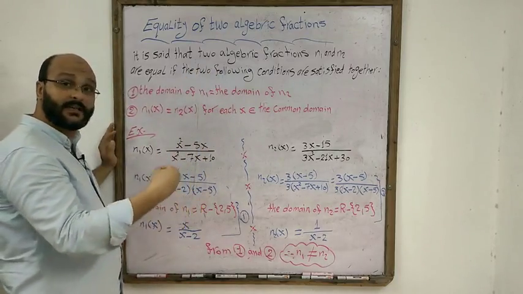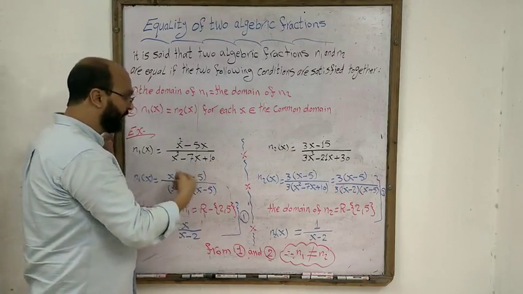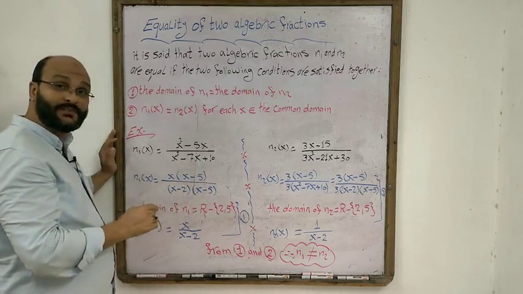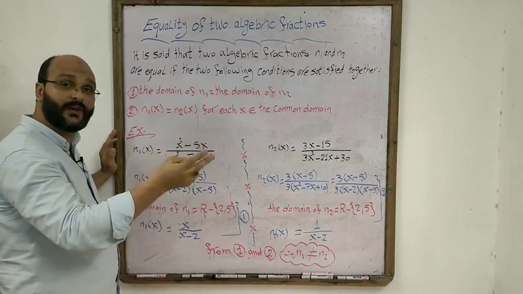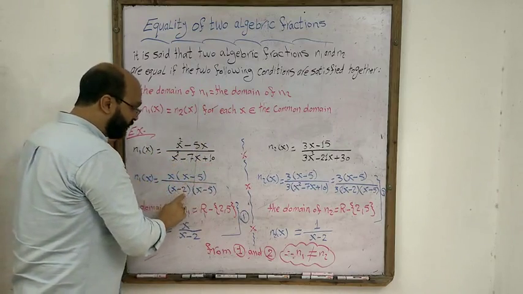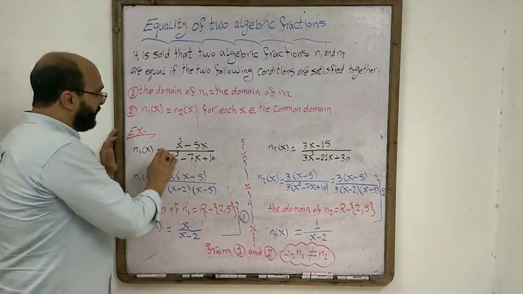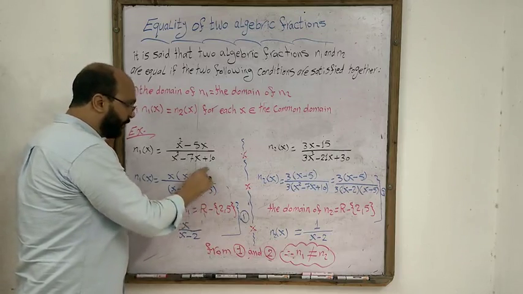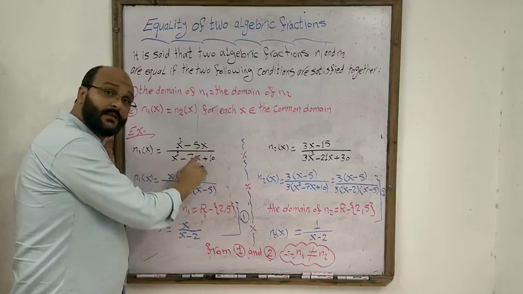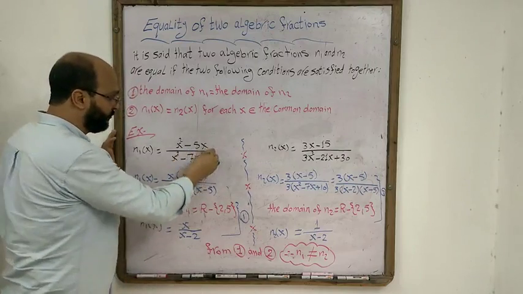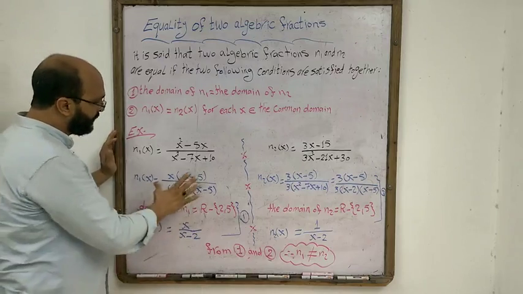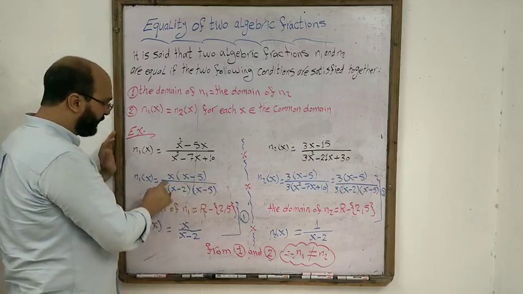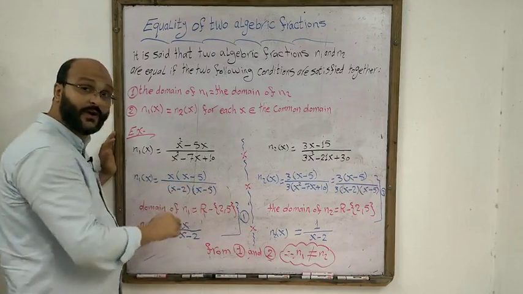We need the sum to equal 7: 1 plus 10 equals 11 and 2 plus 5 equals 7. So we take 2 and 5. Here we have x, open brackets, x minus 5, over x minus 2 times x minus 5.